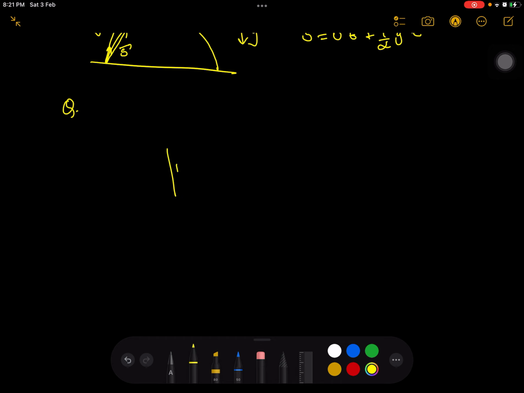So let's say it's a platform with heights H1 and H2, and this distance is D. Now the question is asking: find u min for it to touch these two points.